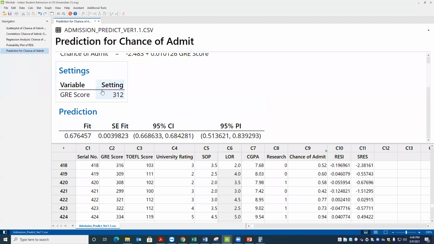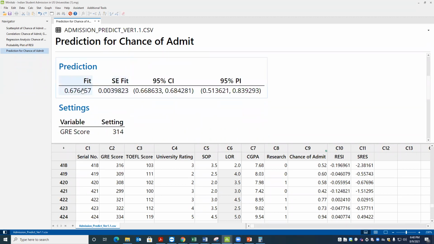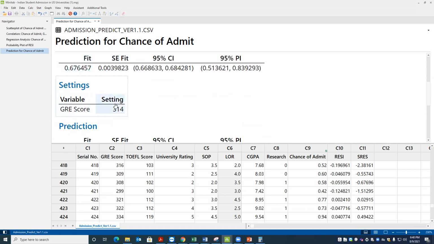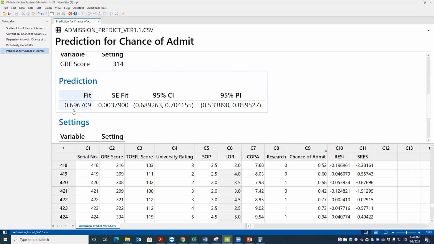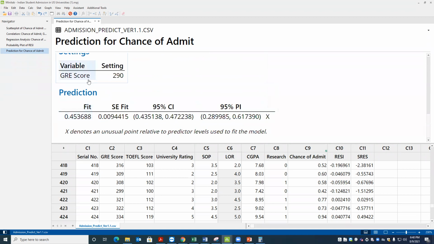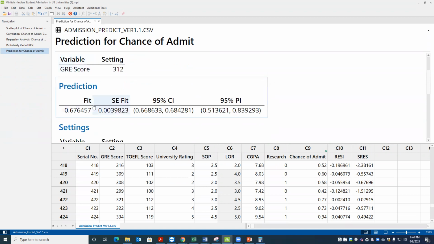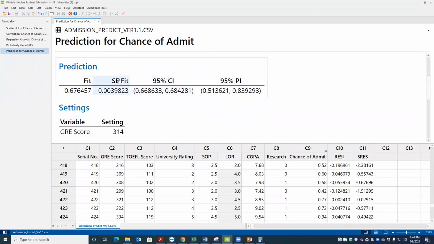This is the prediction, the chance of admission. Someone who got 314 has a chance of admission of 69%. Somebody who got 290 has a chance of admission of 45%. So these are the prediction values. Now this is the confidence interval and this is the prediction interval.